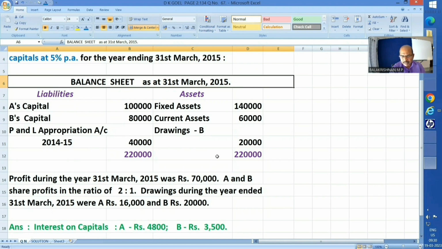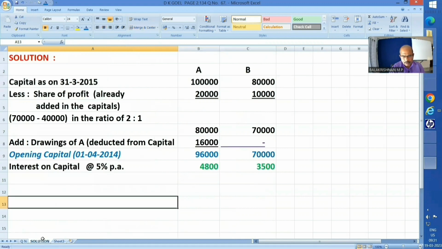So we will take up only A's drawing. How much is it? 16,000. That only we have taken here.